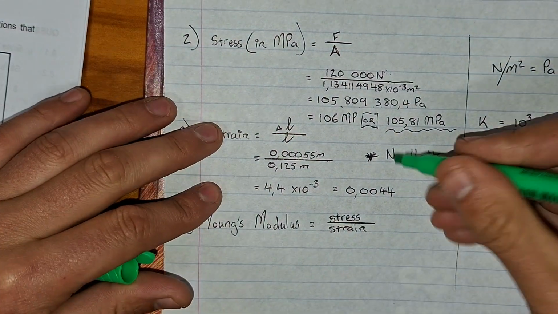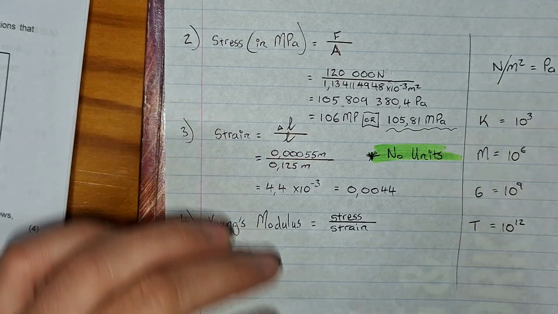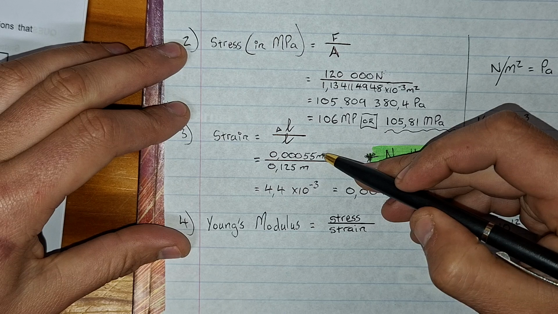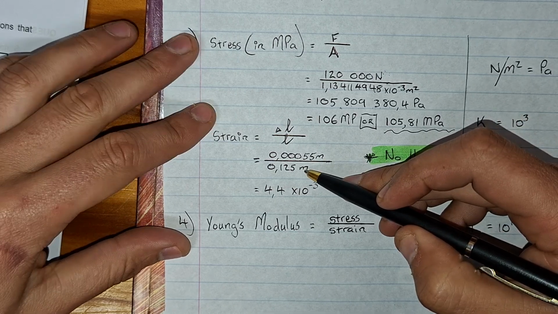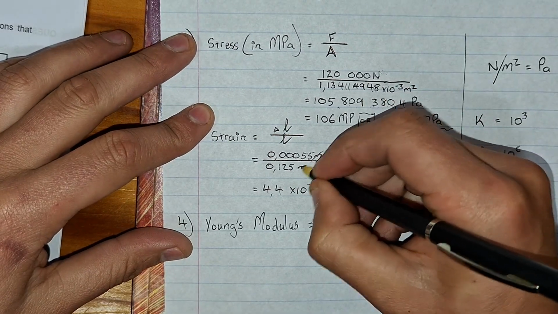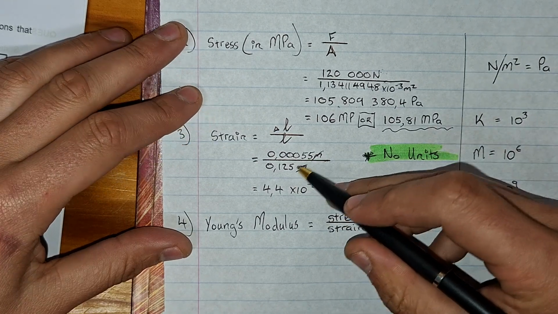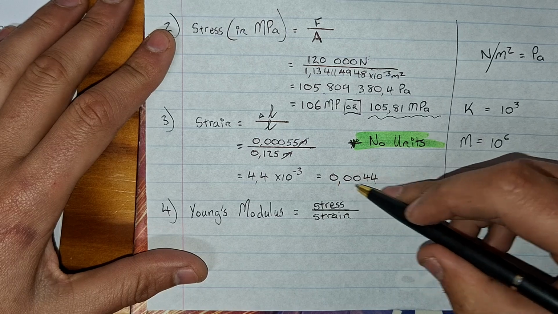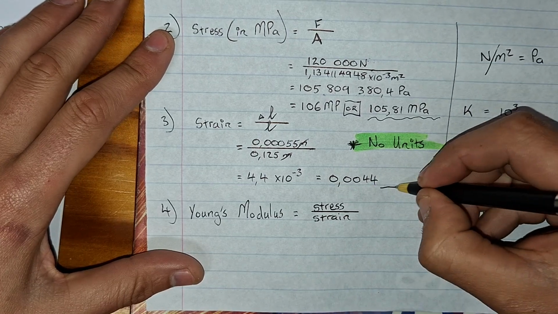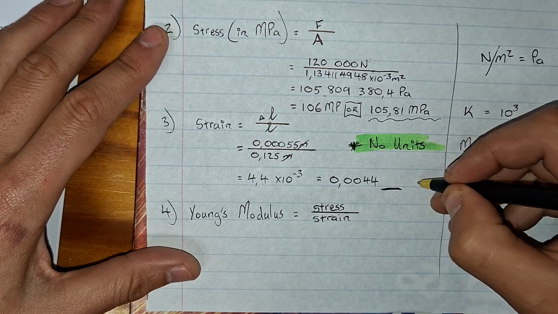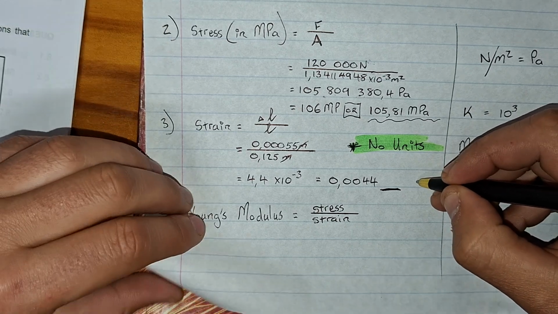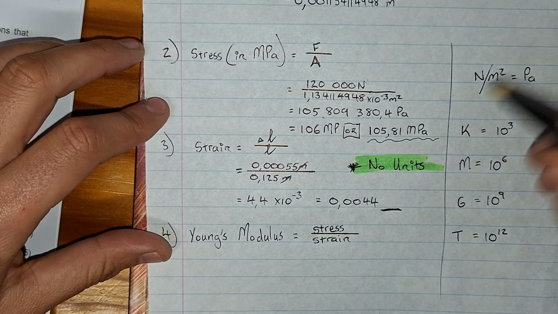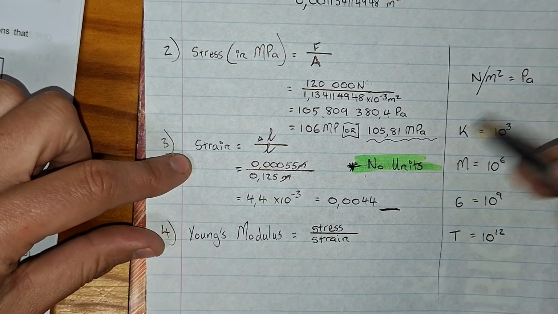The reason for this is because in our formula we took a length of meters divided by a length of meters. So that means that the meters cancels out with the meters, which means that there are no units left behind. Unfortunately, it happens that if your value is correct over here, but any units is written down after it, that unfortunately means that your final answer will not count as a mark, even if your value was correct. Okay, so that's a very important note with calculating strain.